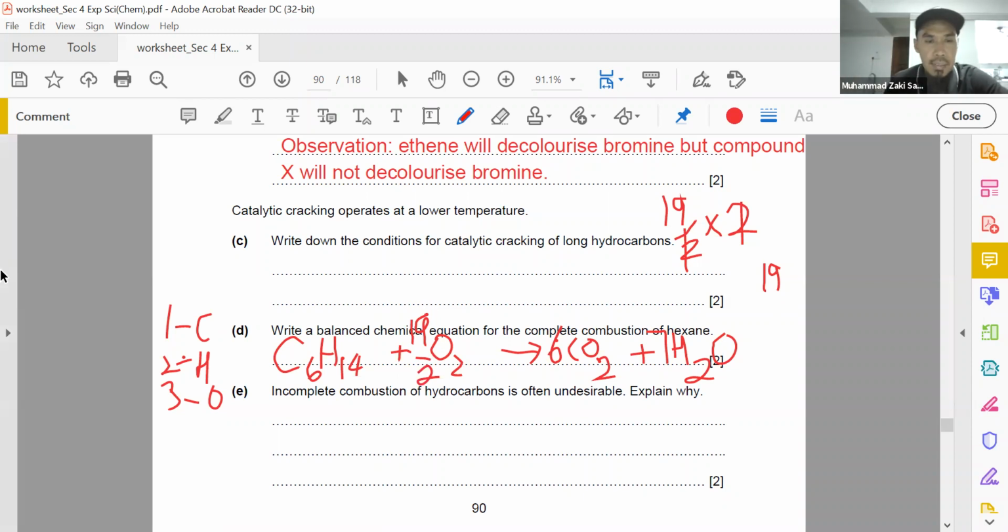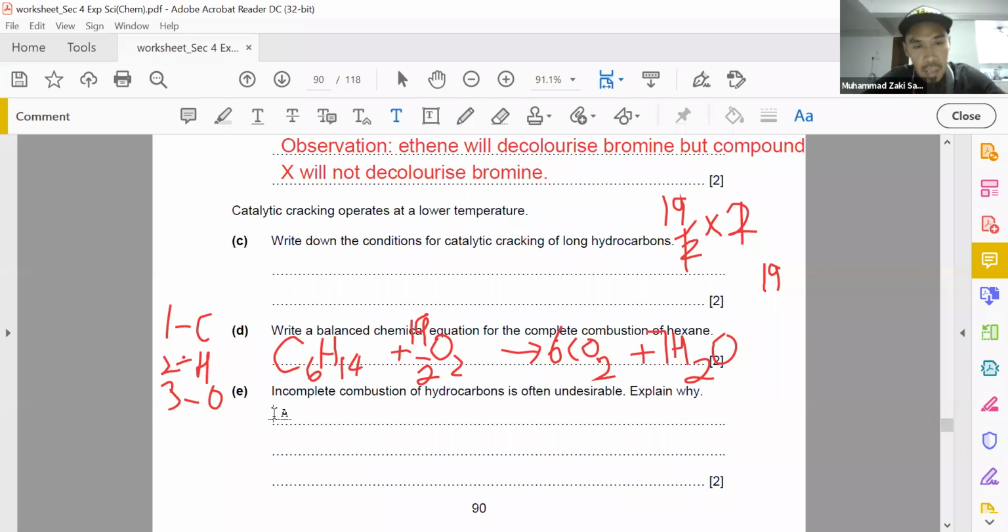Next, incomplete combustion. Remember what incomplete combustion produces, which makes it undesirable? Yes, they produce two substances which are quite hazardous for humans.